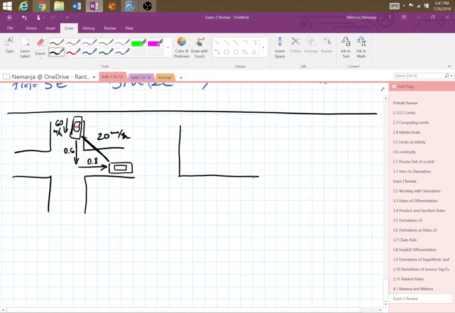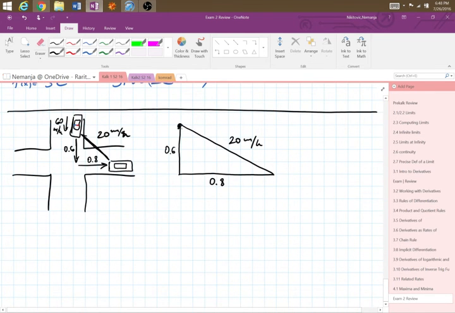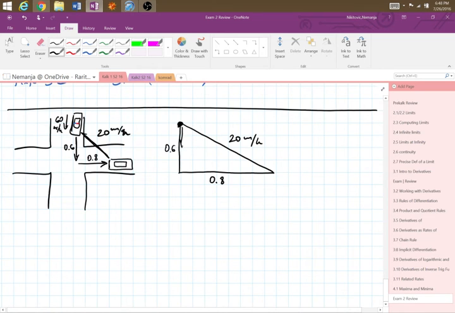This is 0.8, so a little bit longer, or much longer. We have 0.6, we have 0.8, we have 20 miles per hour, and this point here is moving down, and this is where I'm going to write negative 60 miles per hour. I'm writing negative 60 miles per hour because it's going down. We know that on the xy axes, this motion is positive, this motion is negative. So it's just from the reference point. Yes?